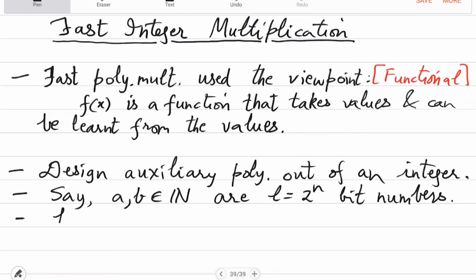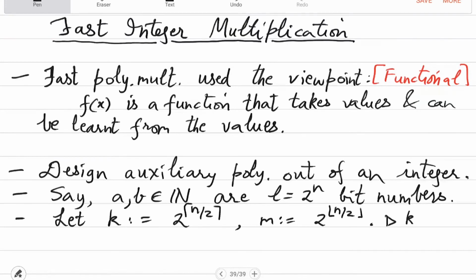So let K be around square root L. This is around 2 raised to n by 2, which is the same as square root L, and m is L over K. So basically Km is L. In the simplified case, square root L will be the degree of the polynomial, and the coefficients will have how many bits?